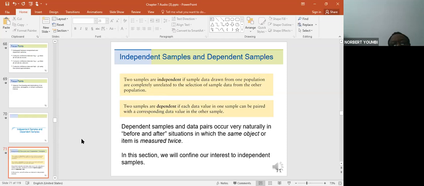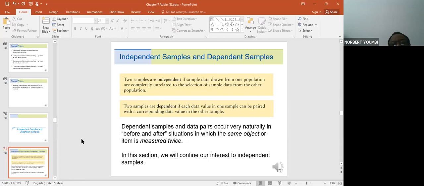You might want to know if a person is going to perform better when he drinks coffee and when he doesn't drink. So the same person will drink coffee and do a performance, and given a time for that coffee to disappear, do that performance without drinking, and do it after the drinking.